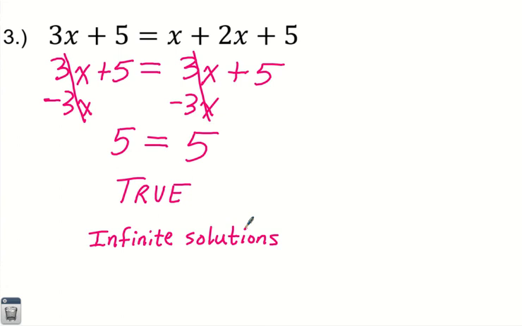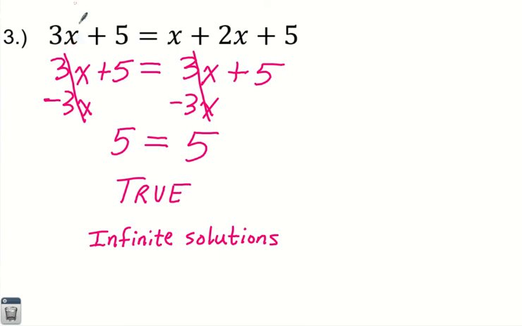And to be maybe even a little more specific, all real numbers are solutions. I could plug in any real number I want to, any number I can think of. All real numbers make that true.